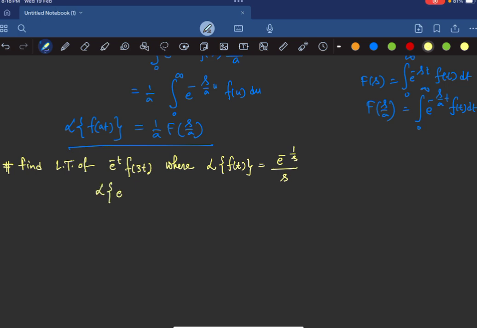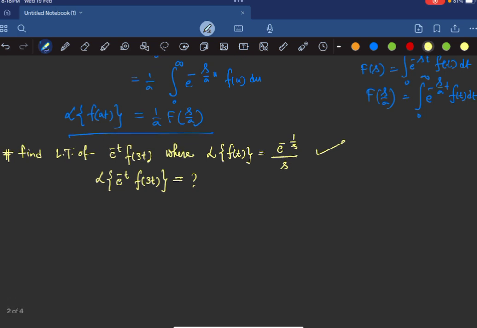That means you need to find the Laplace transform of e^(-t) f(3t), where the Laplace transform of f(t) is given as this one. This is given in the question. So how to proceed with the solution?